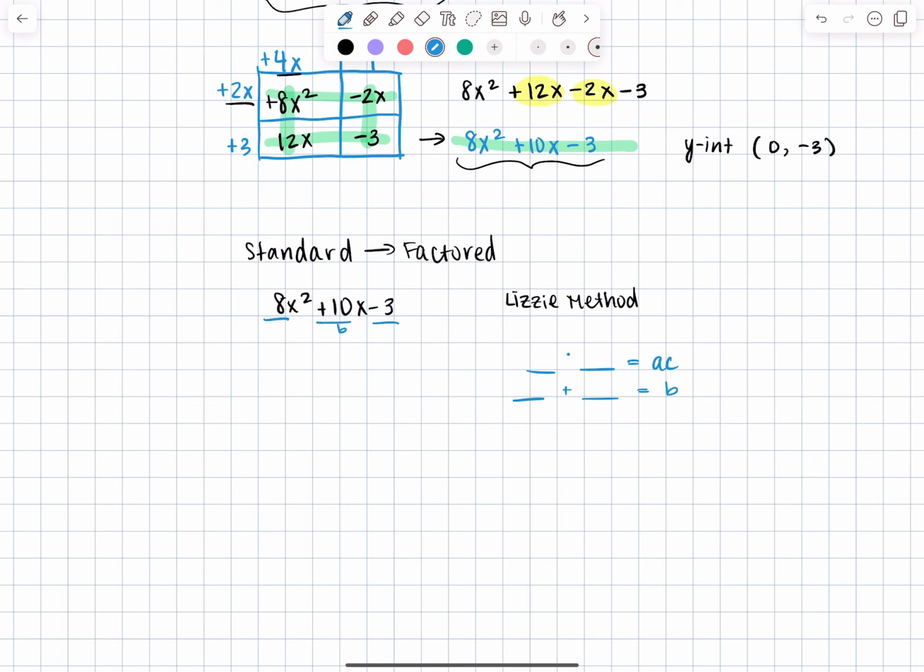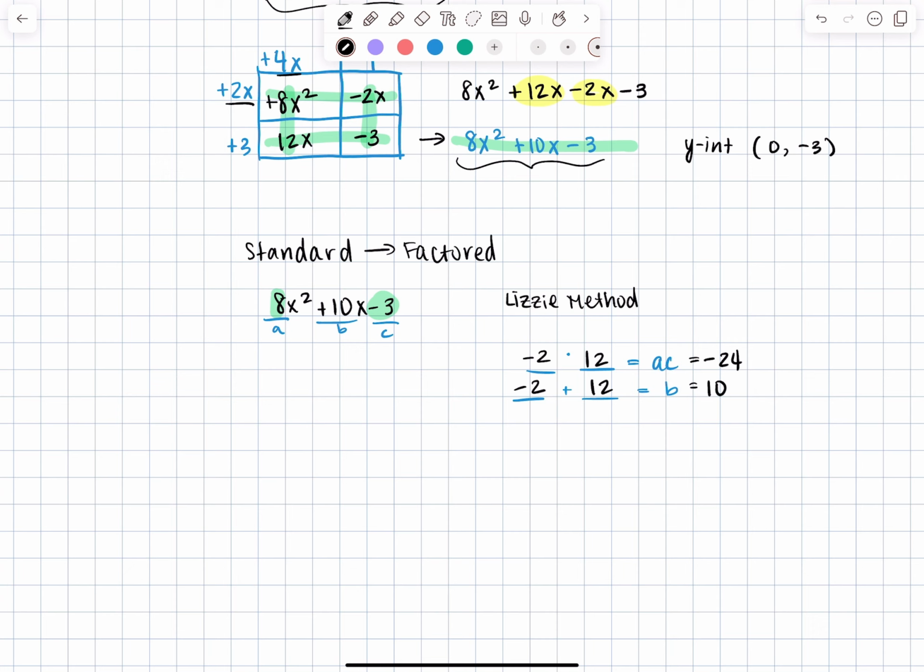So we have our a value, 8 times negative 3 is negative 24. And then our b value is 10. Two numbers that when you multiply them you get negative 24 are negative 2 and 12. And when you add them together, you get 10.